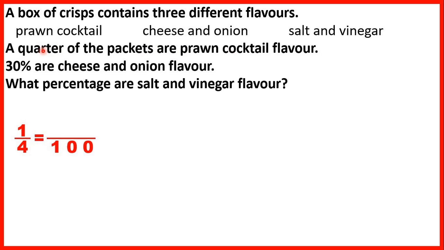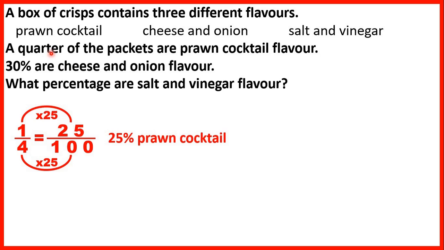So we can change this fraction, 1/4, to a percentage, because we know that a percentage is just a fraction which has a denominator of 100. 4 times 25 is 100, 1 times 25 is 25, so 1/4 is 25%.